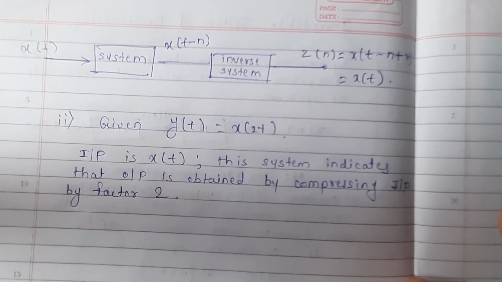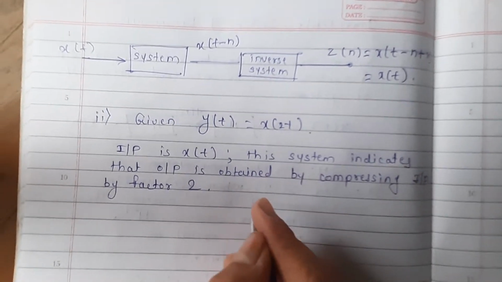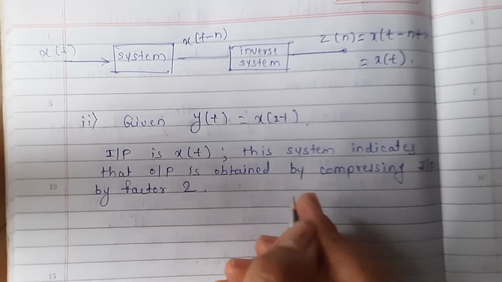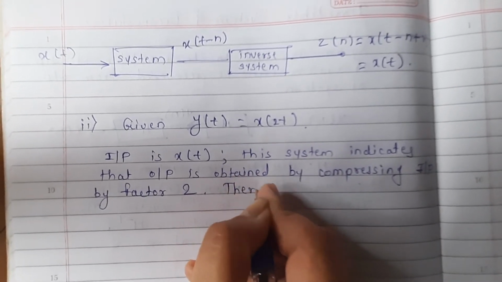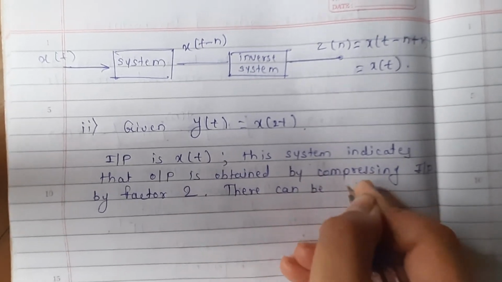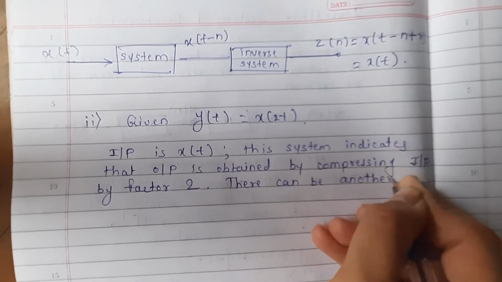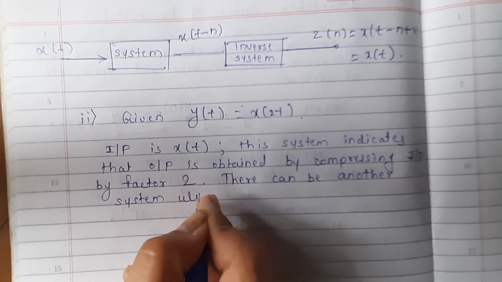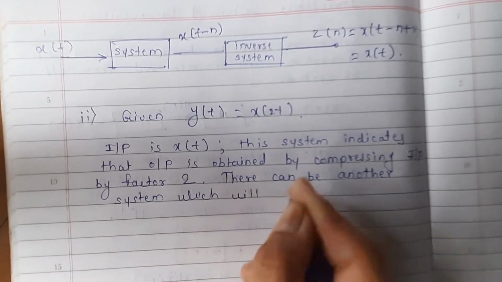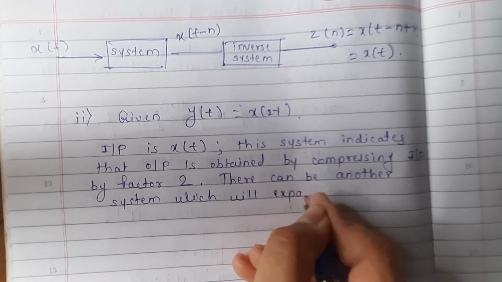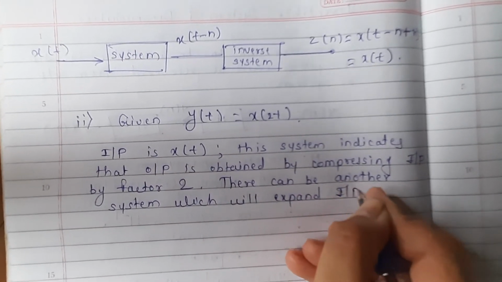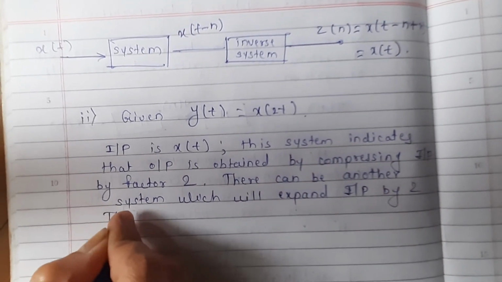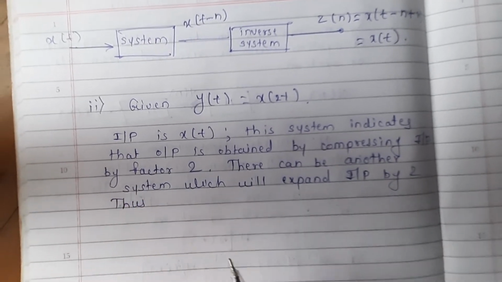So another system will expand the input by 2. To get the original input, again we have to expand it. So there can be another system which will expand the input by 2 to get the original input.